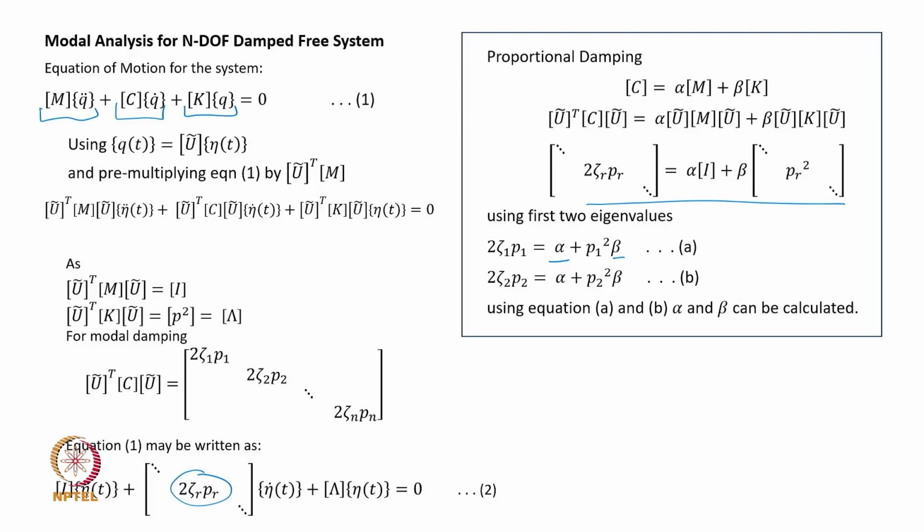We have shown that C over M turns out to be 2 zeta p_r for a single degree of freedom system. And here through the diagonalization, we know that each equation is going to be almost similar to your single degree of freedom system. So, once they are diagonalized and decoupled that way, each equation can be written in this form.